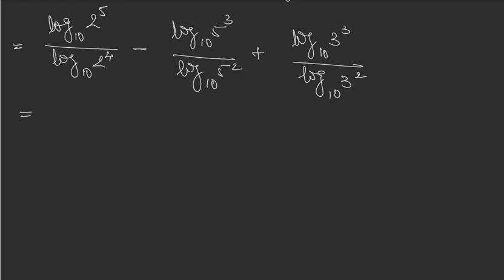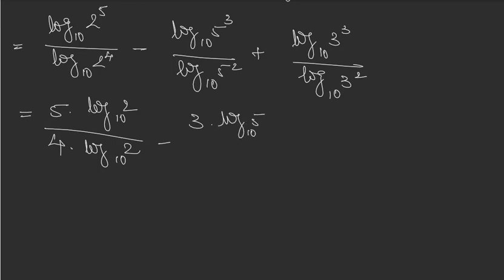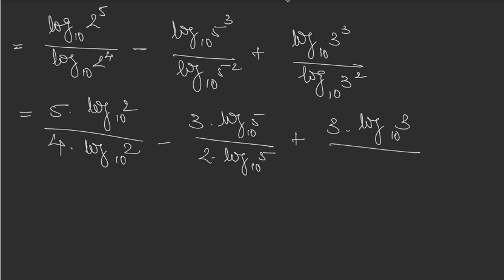Okay, this will become 5 multiplied by log of 2 to the base 10 upon 4 multiplied by log of 2 to the base 10, minus 3 into log of 5 to the base 10 upon 2 into log of 5 to the base 10, power rule I'm applying, plus 3 into log of 3 to the base 10 upon 2 into log of 3 to the base 10.